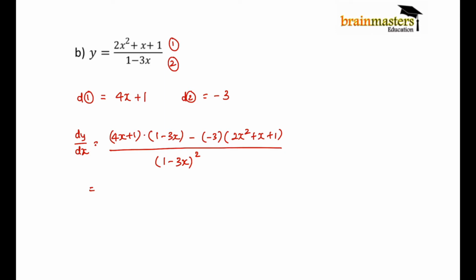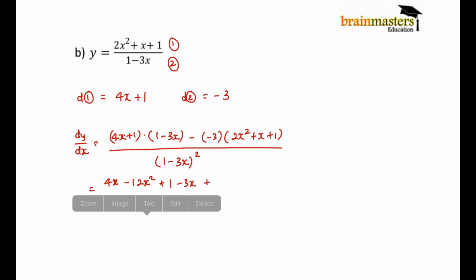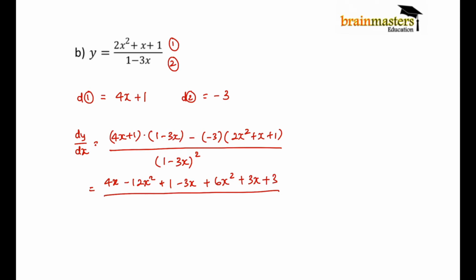So let's see, 4x minus 12x squared plus 1 minus 3x plus 6x squared plus 3x plus 3 over 1 minus 3x squared. So let's simplify this.